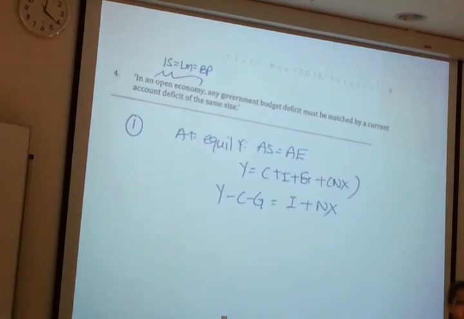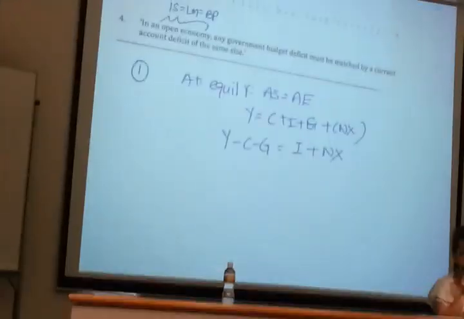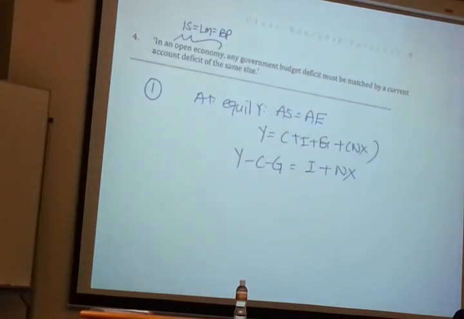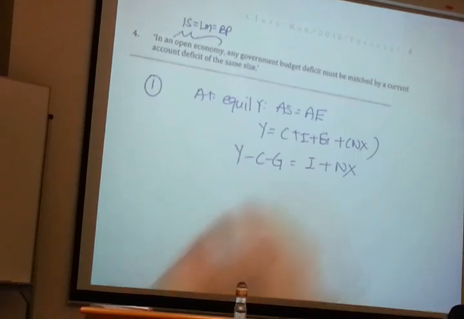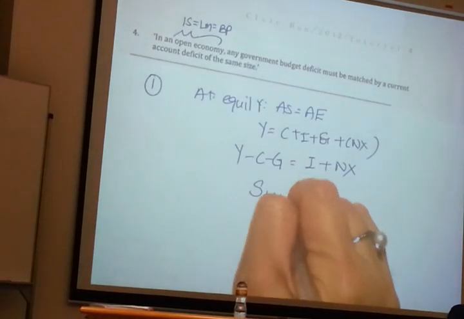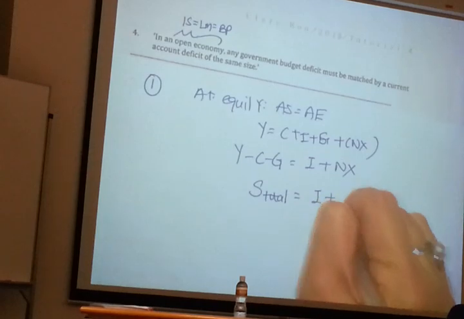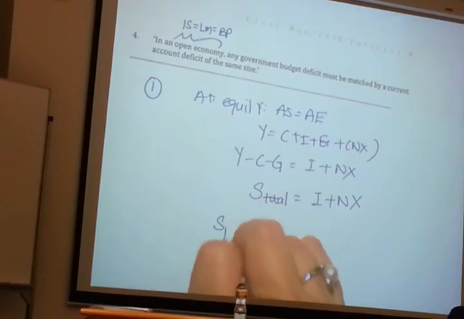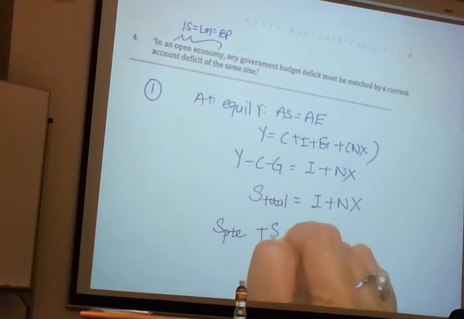So you cannot straight away write S is I plus NX because that is not a model. The model is the Keynesian cross model, right? Supply of goods must be the spending on goods. Rearranging it, Y minus C minus G is I plus NX. And the term here is therefore total savings is I plus NX. Then you split total into private and public.